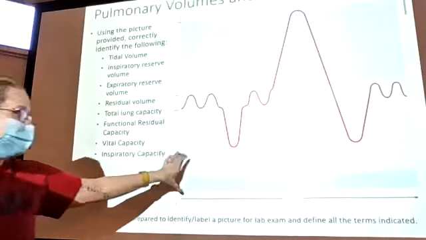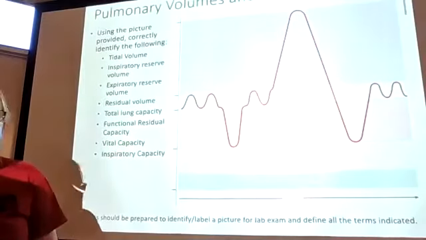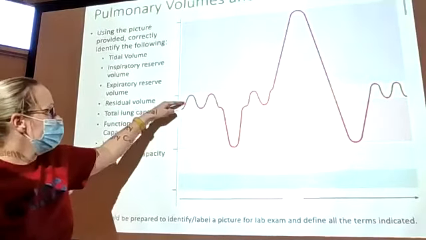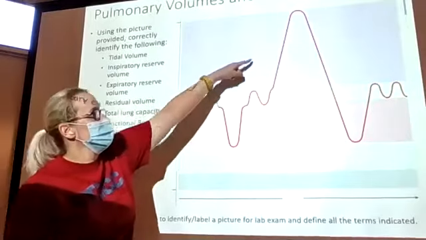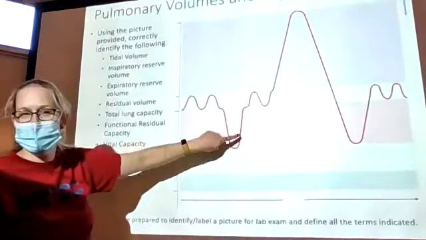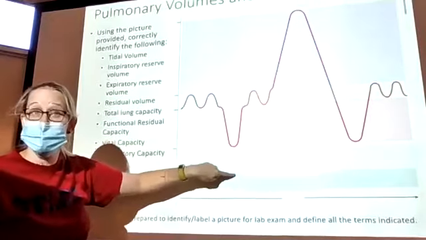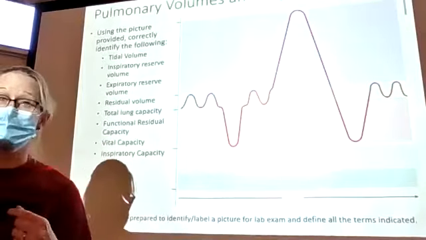And that's represented here. So your volumes: tidal volume, inspiratory reserve volume, expiratory reserve volume, and an estimated, calculated, a guess in some ways, residual volume.